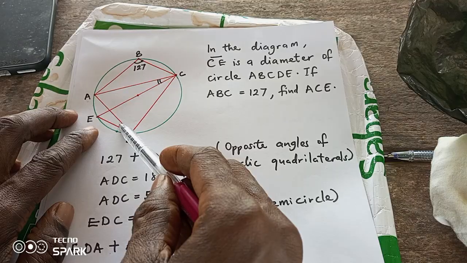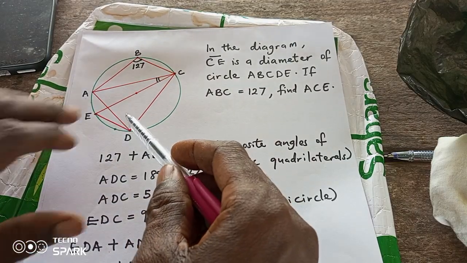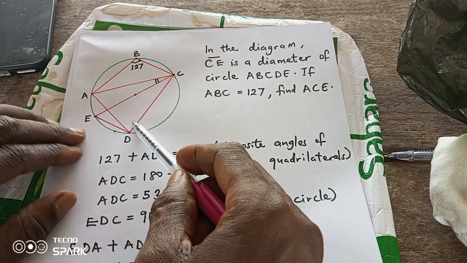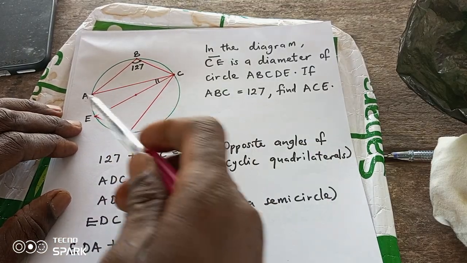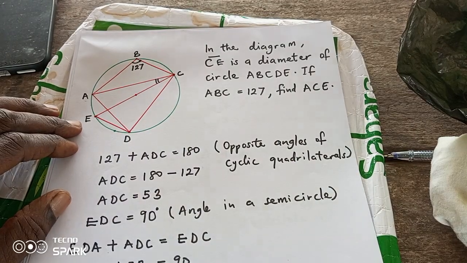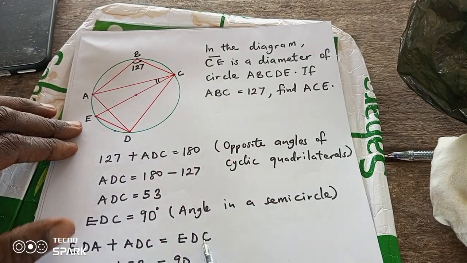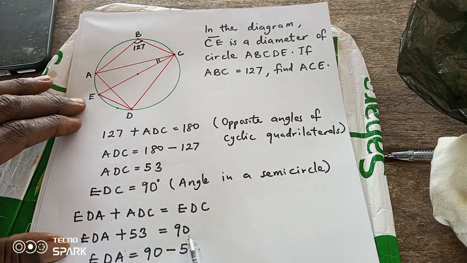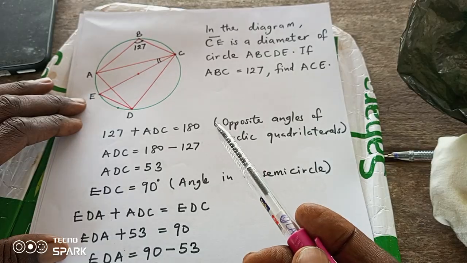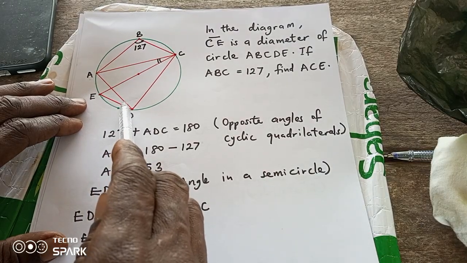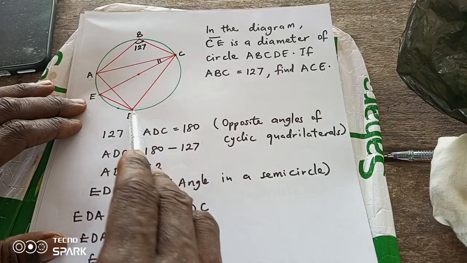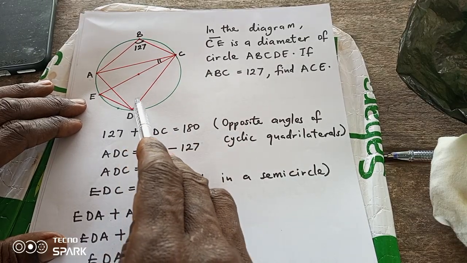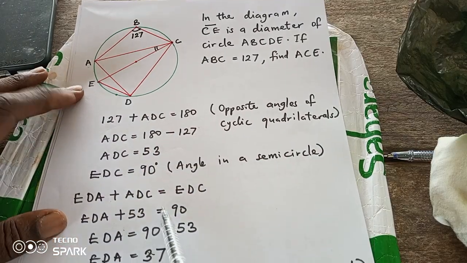So this part plus this part should add up to 90 degrees. Angle EDA plus ADC should be equal to EDC, and EDC is 90 degrees. So to look for EDA, this angle we don't know plus this angle 53 should be equal to 90 degrees.